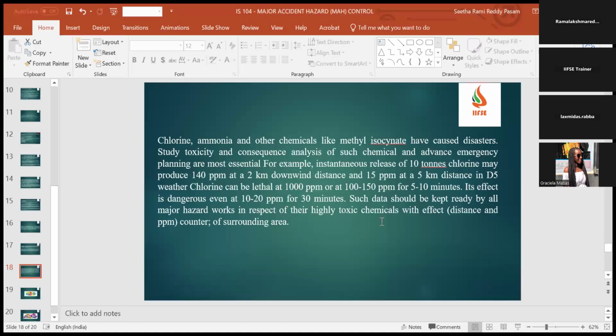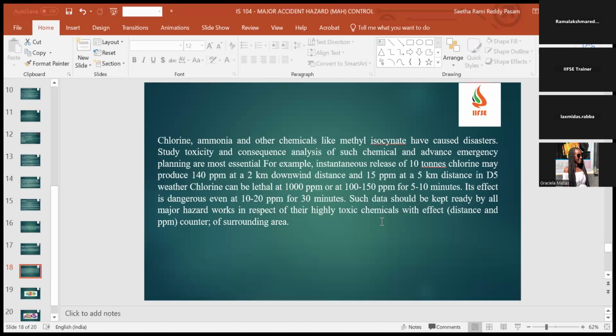Okay, STEL is 1 ppm, and TLV is 0.5 ppm. Here it is creating 140 ppm. So it is almost 140 times, 139 times higher than that.